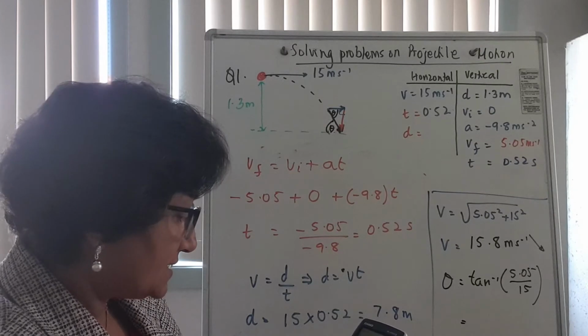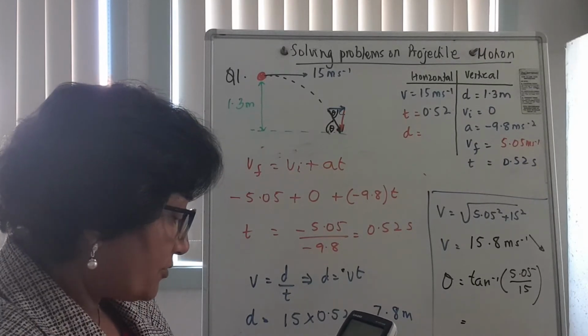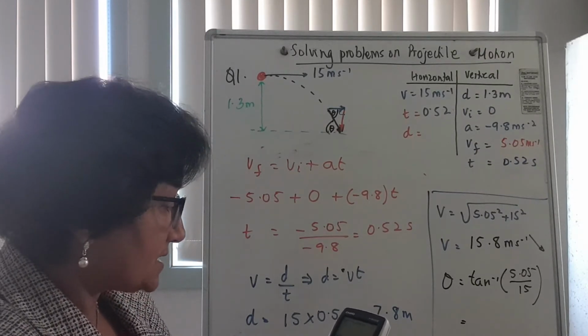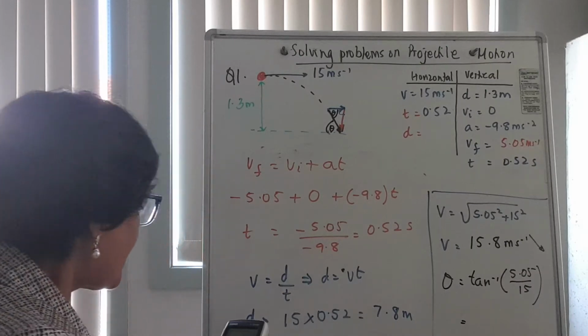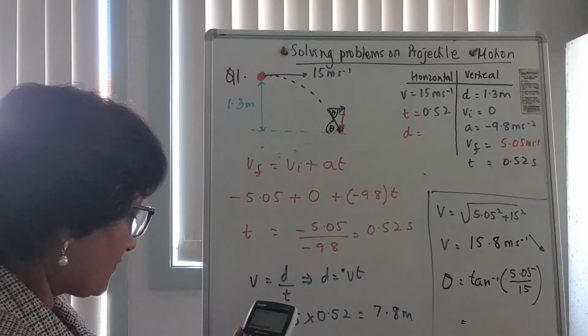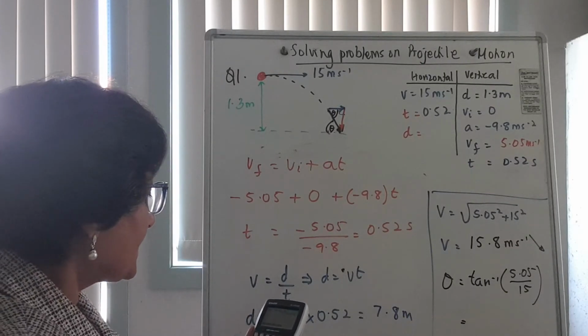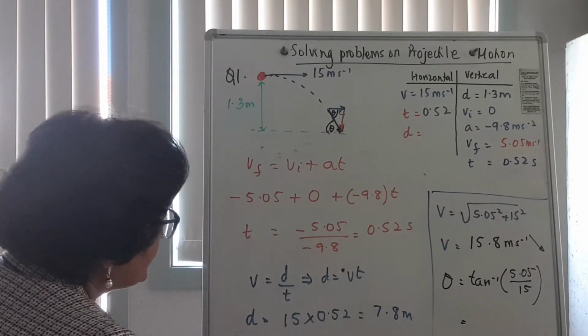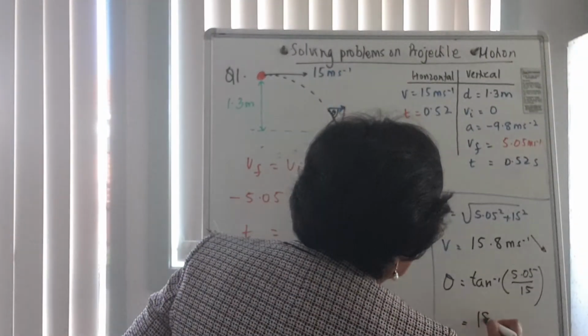So I go shift tan, 5.05 divided by 15, and I get 18.6 degrees, so nearly 19 degrees.